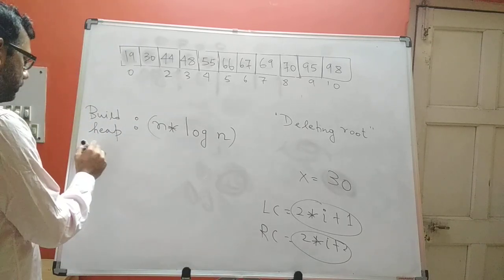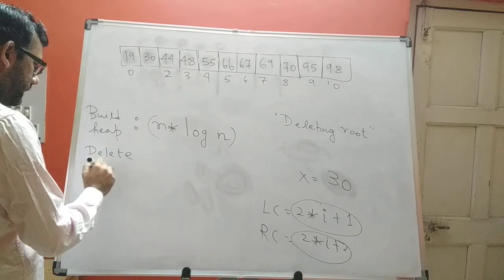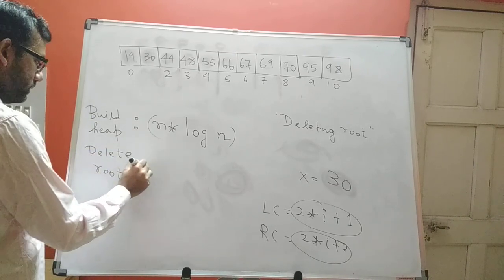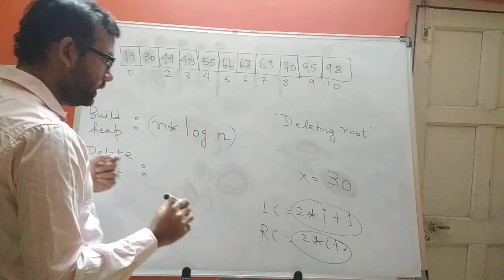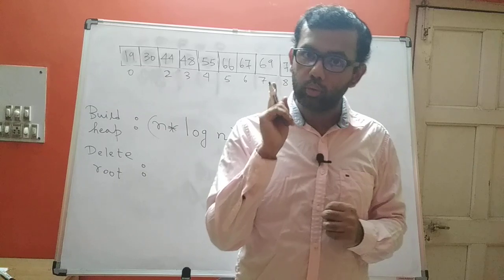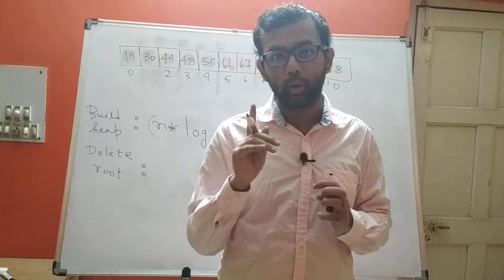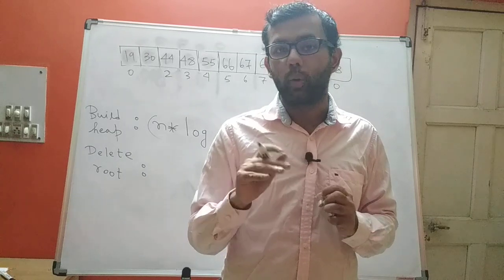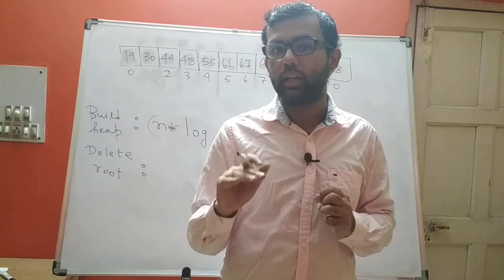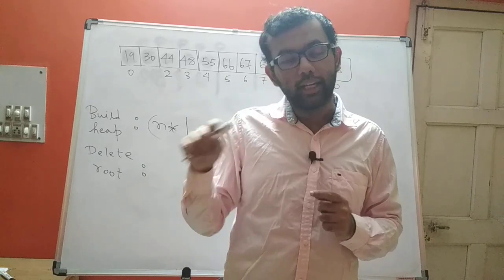And now, what do you do? You keep on deleting the root. Now, let's say you want to delete only the current root node, only one root node. What is the worst possible scenario? You would have to delete that node and keep checking till you reach a leaf node.